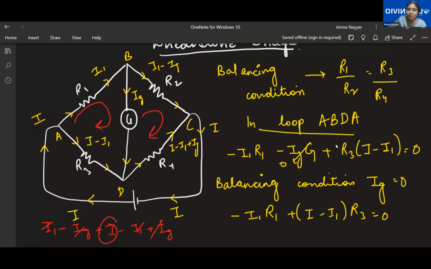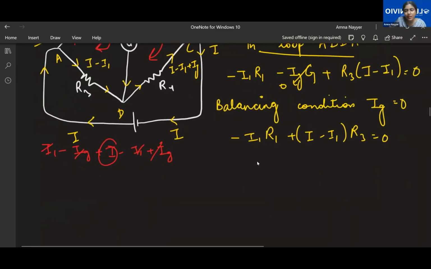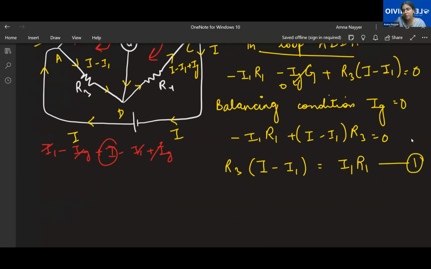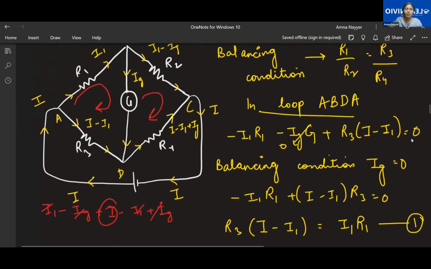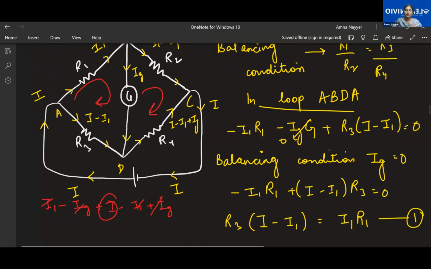From here, let's make this positive. This will be I minus I1 into R3 is equal to, this goes on the opposite side, it will become plus I1 into R1. That's the first equation. First tell me, have you all understood till here? Is this clear to everyone?